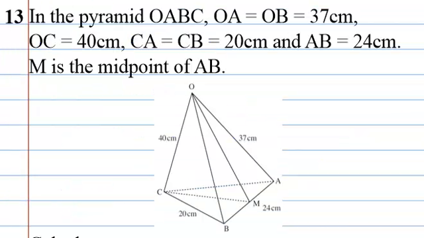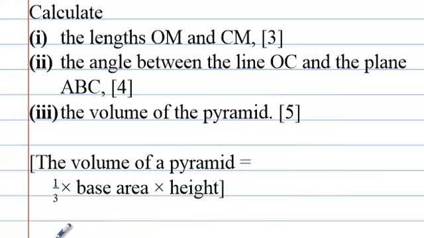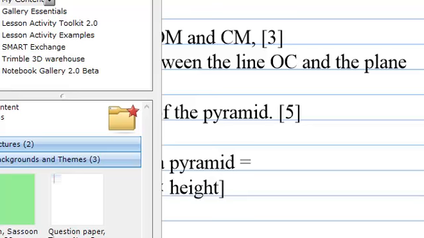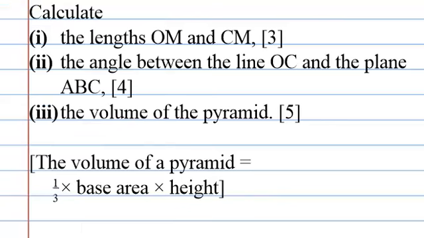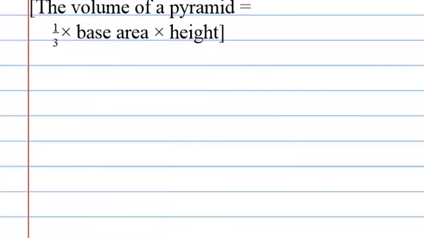Question 13, for the pyramid given, we've got various lengths that we know. We have to find the length OM and CM. So to do that, long question. Okay, so for part 1, I've got a triangle to solve to calculate OM.